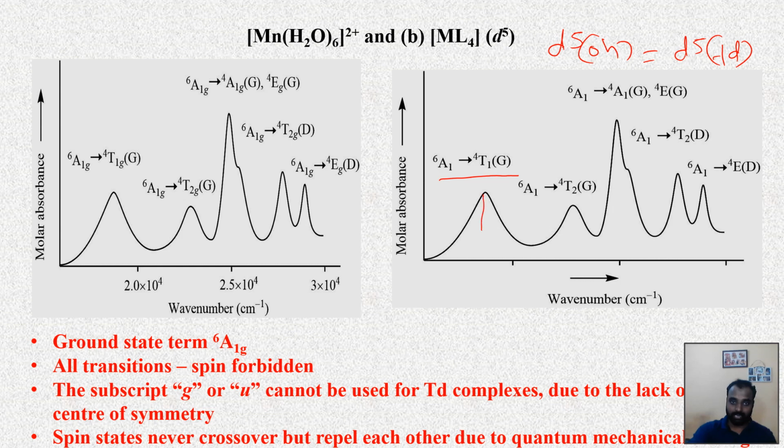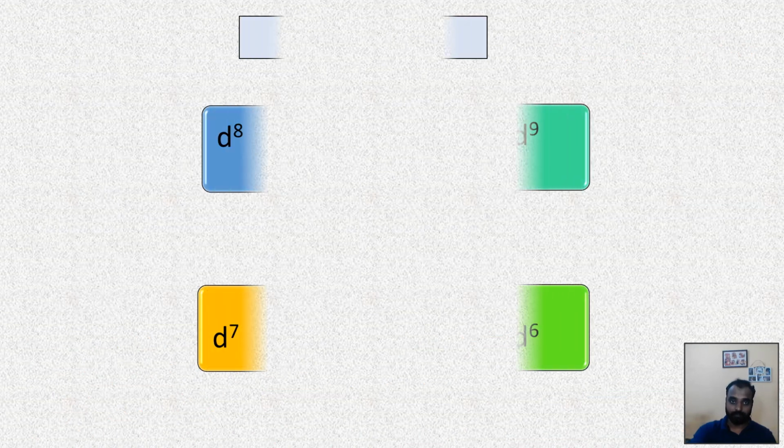The lowest energy transition is common in tetrahedral and octahedral because the ground state term is 6A1G. All the transitions are spin forbidden, that is, the delta S value is not equal to 0. The G and U are not used in tetrahedral compounds. The spin states never cross over but repel each other, having the same spin multiplicity, so they repel each other.